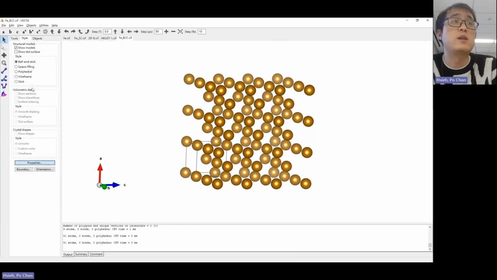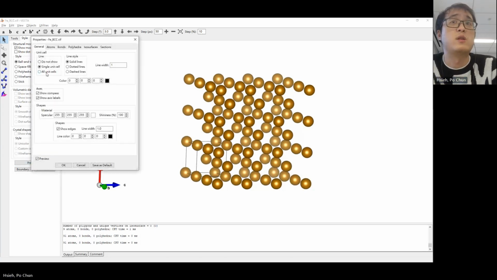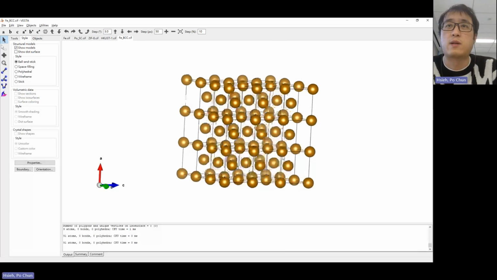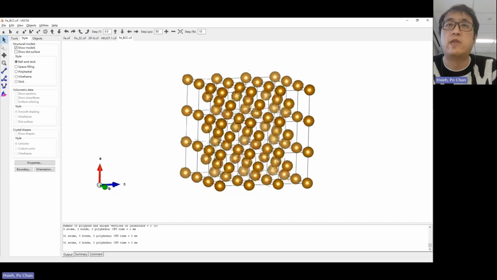Okay, so in real life, we are seeing iron crystal like this, and it even has more repeating units, right? We have nearly infinite atoms in real life.